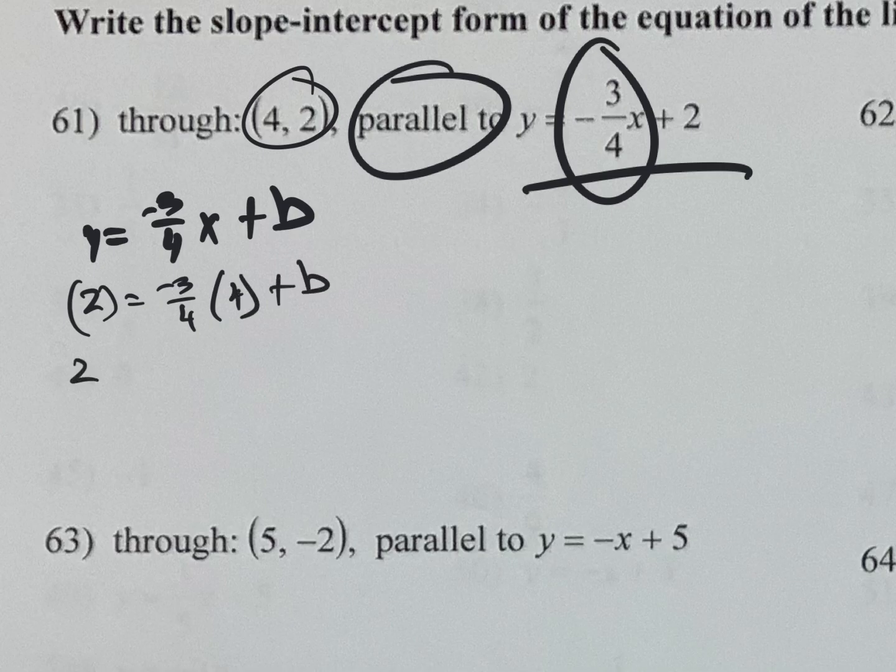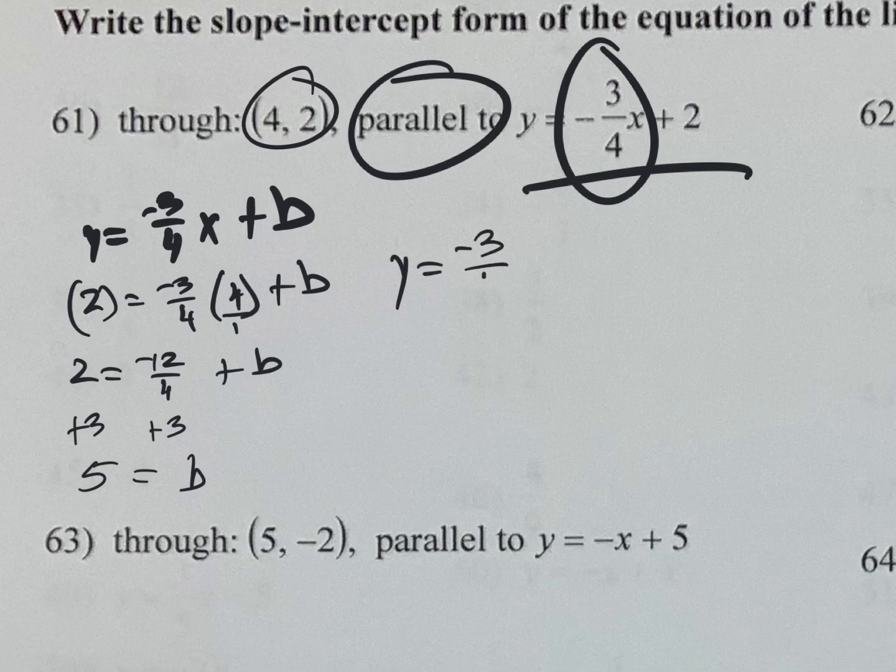All right, so 2 equals negative 12 over 4, which is the same thing as negative 3, right? So if that's negative 3, we can add 3 to the left. Y-intercept is 5. So y equals negative 3/4 x plus 5.